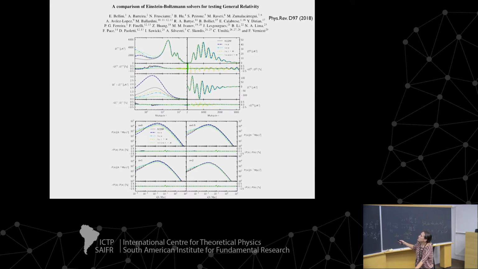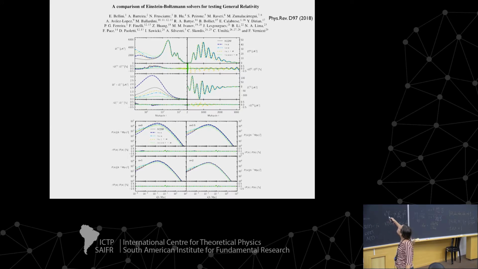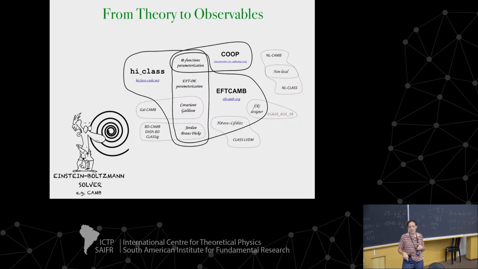And this is just to give you an example of comparisons and differences between the spectra given by the two different codes. I don't remember for which codes this picture was and for which model. I think it was some cubic Galileon for EFTCAMB and hi_class, whatever. So we worked really hard to keep the difference at basically sub-percent level.